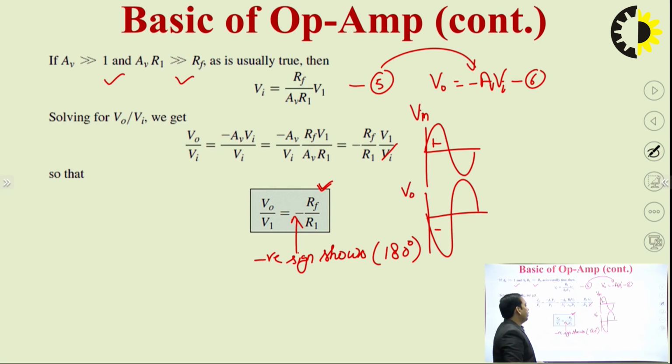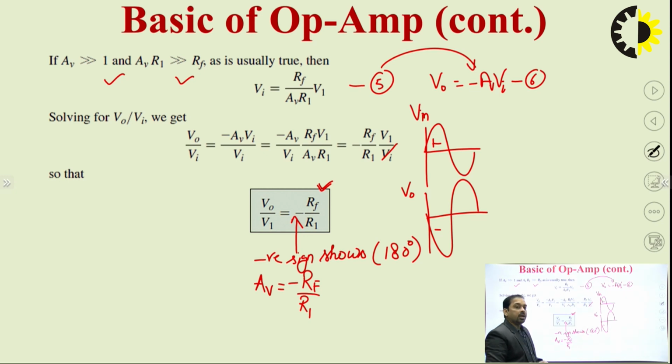And also we need to verify here that the final voltage gain AV equals minus of Rf divided by R1. Previously we saw that the op-amp has a very huge amount of gain, which we are not able to utilize properly.